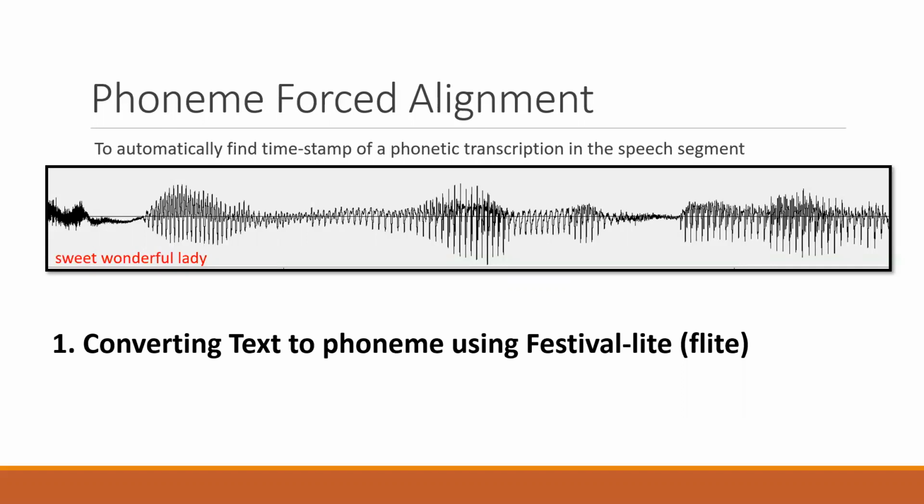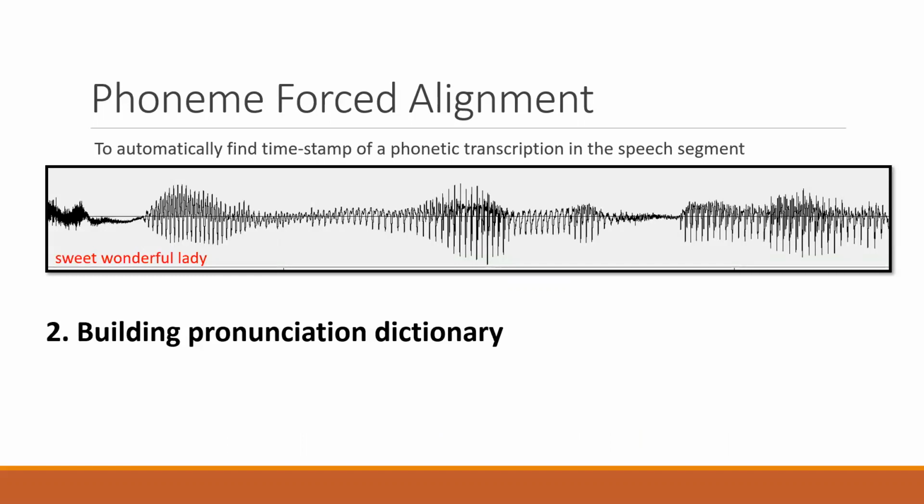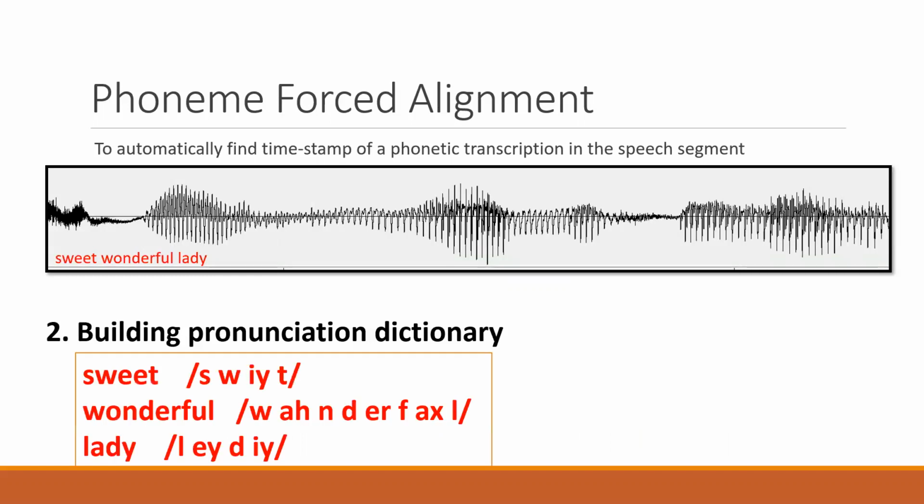In this case, we use Festival Lite, the light version of Festival, which is a speech synthesis toolkit. For the input text, we can get a sequence of phonemes. In the second step, we can build the pronunciation dictionary. From there, we get pairs of word and pronunciation.